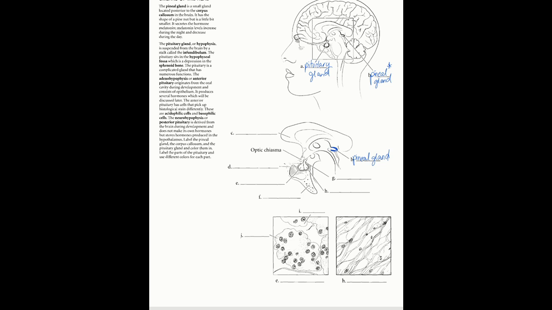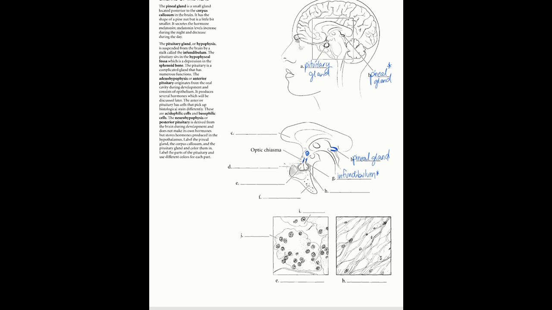The pituitary gland is connected to the hypothalamus, which isn't labeled here, this is the hypothalamus right here. It's connected to the hypothalamus through a stalk called the infundibulum. So that infundibulum is the connection or the supporting stalk of the pituitary gland.